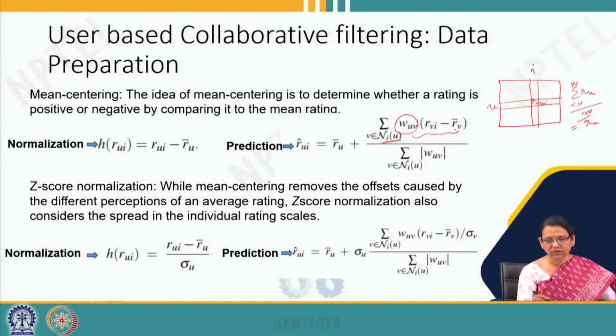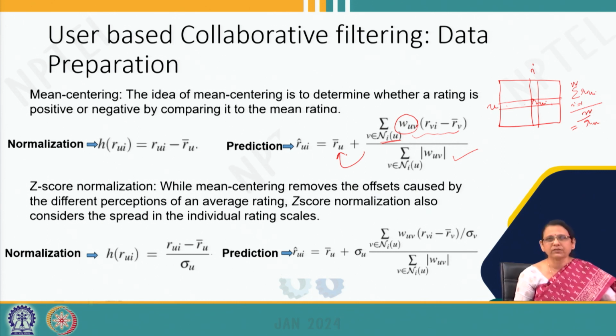About this we are going to discuss shortly, and we take all these positive weights and add them up to take the average value. This average value has to be now added to this mean value, because you have already mean centered it.